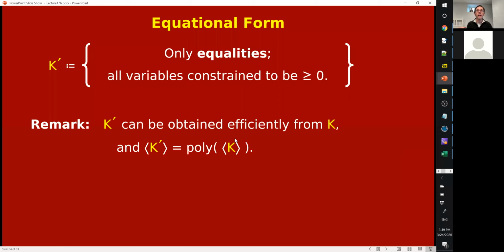Remember what we're working towards here: we're trying to show that given any LP, feasible or even infeasible, you can without loss of generality put in these big box constraints without affecting satisfiability. And what I'm showing you here is that given K, you can just convert it to equational form and think about that.